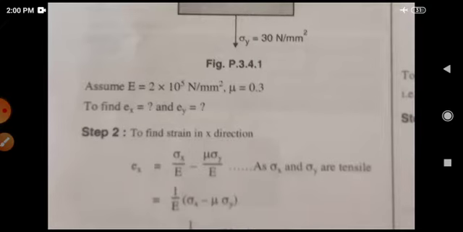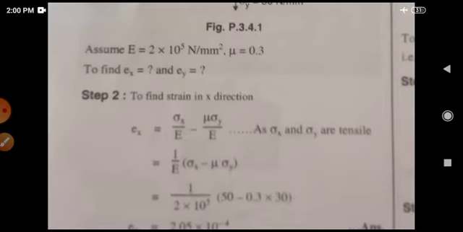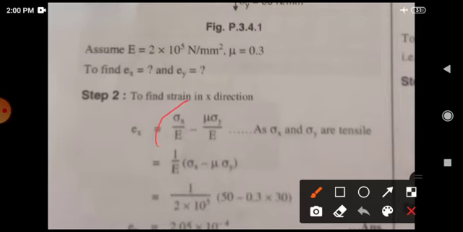To find the strain in x direction, epsilon x equals sigma x upon E, that is the strain occurring due to the force in x direction, minus the strain due to the tensile stress in y direction. This is the formula for the strain in x direction.